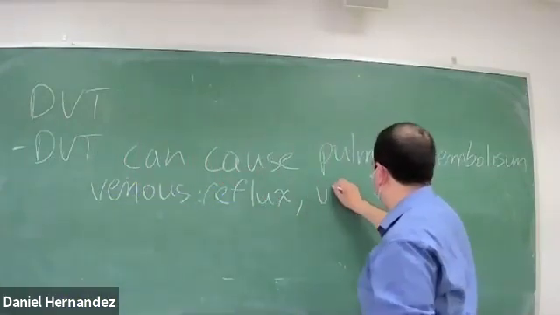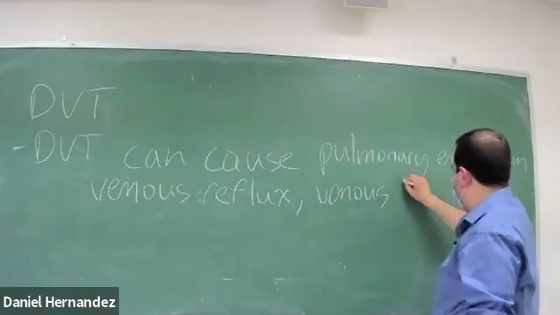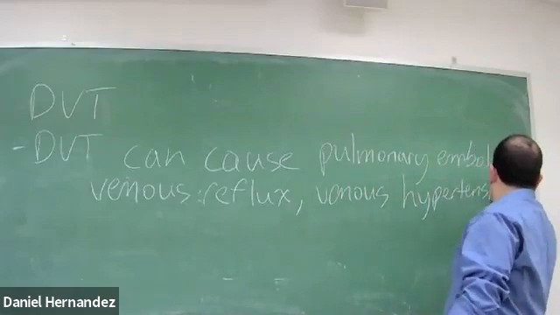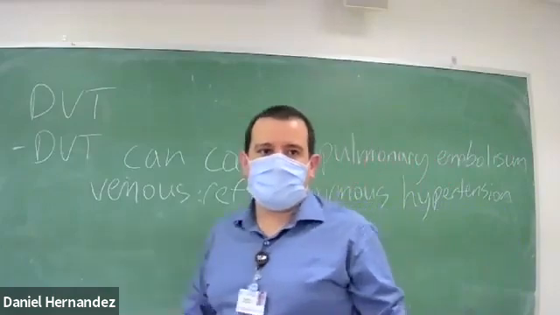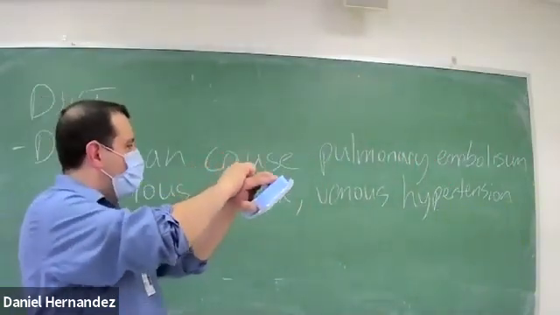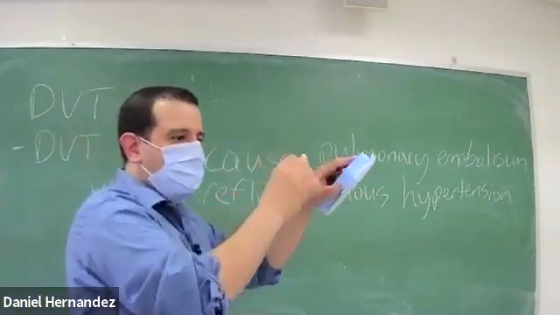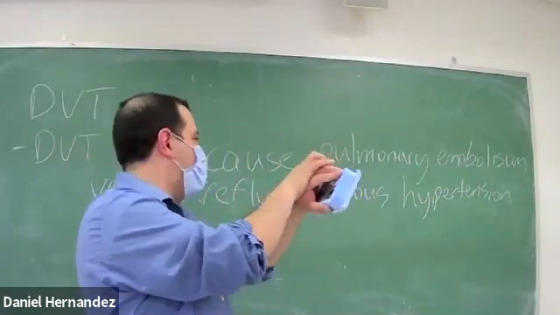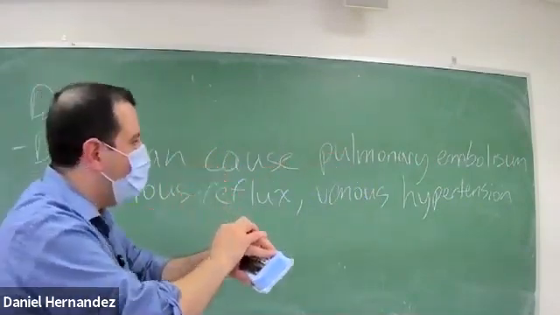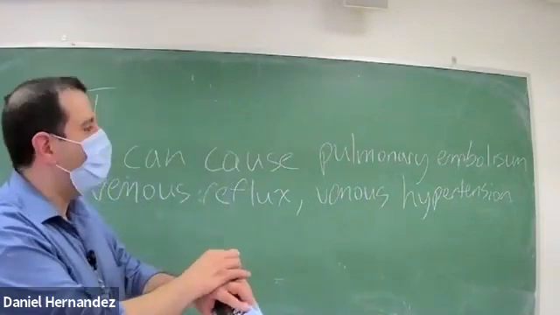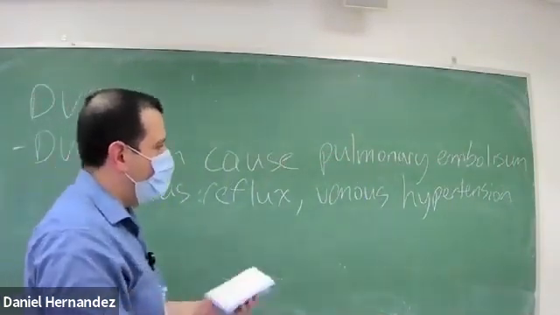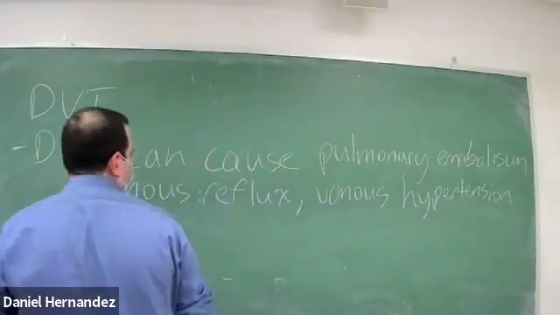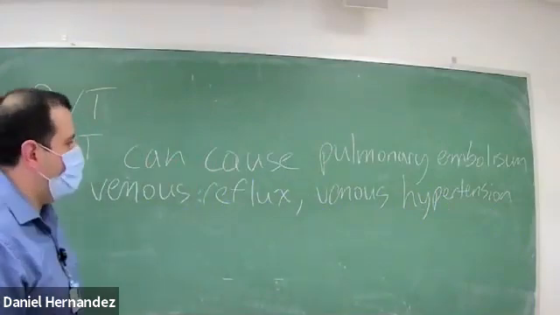DVT can cause venous hypertension. So what that means is we have a clot sitting in the vessel. We now have increased pressure within that vein because blood flow is being impeded. It's not getting through that vessel. So that clot is blocking the blood flow. So in that vein, below the level of that clot, we have venous hypertension. We have elevated pressure within that vein.